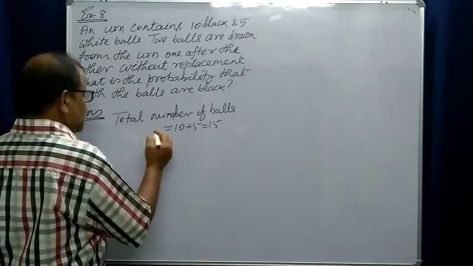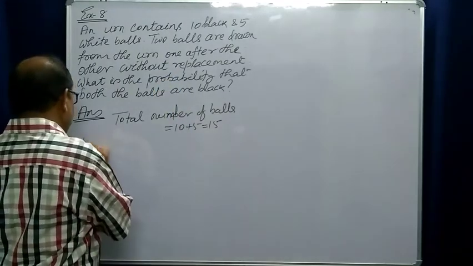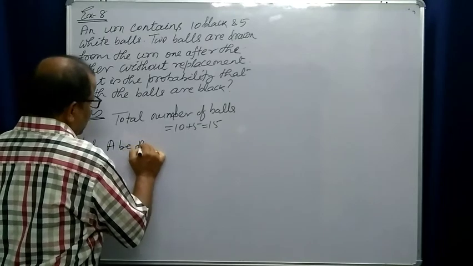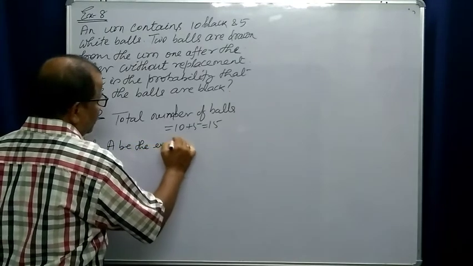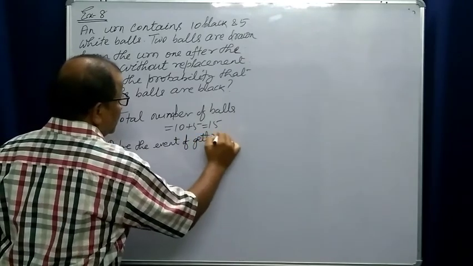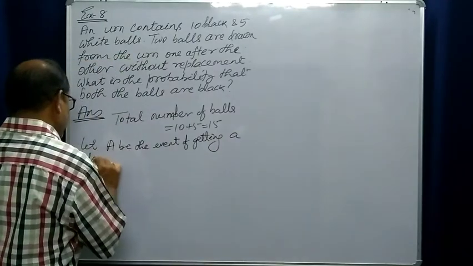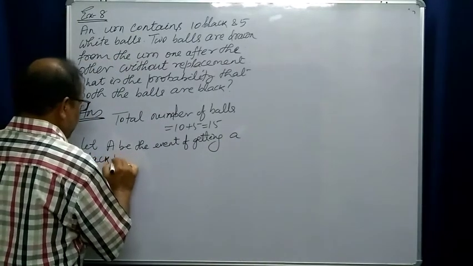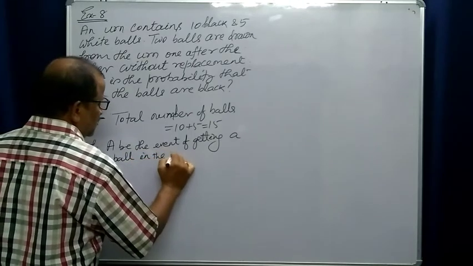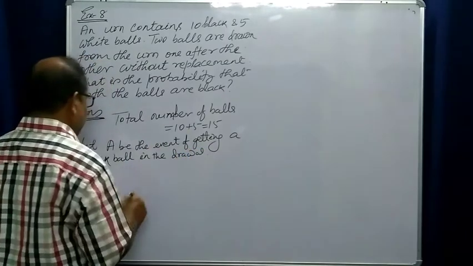right? So a number of balls favorable, let A be the event of getting a black ball in the first draw. Right.